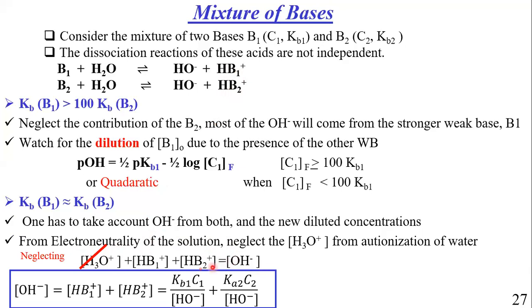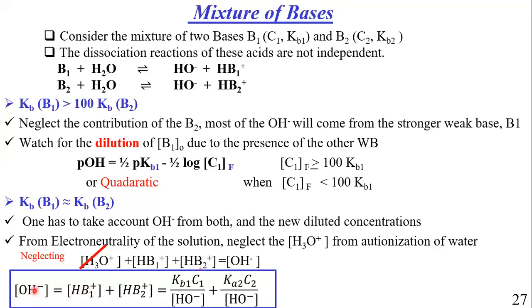And this expression holds under the conditions where the concentration of B in solution at equilibrium is equal to its initial concentration because the amount dissociated is negligible. In other words, x is negligible, meaning the concentration is greater than 100 Kb for these types of calculations.